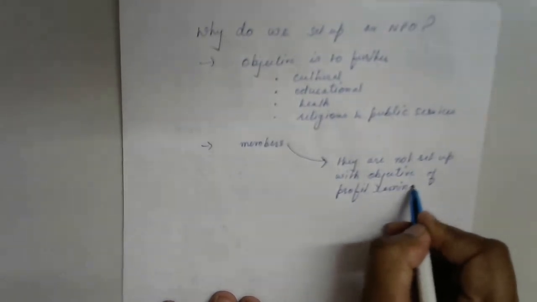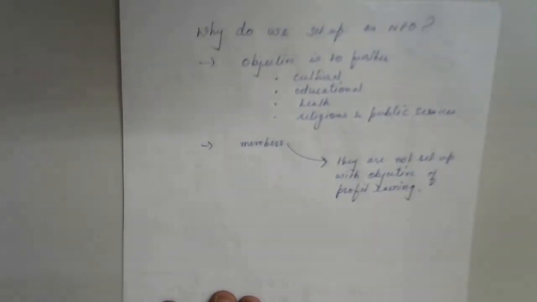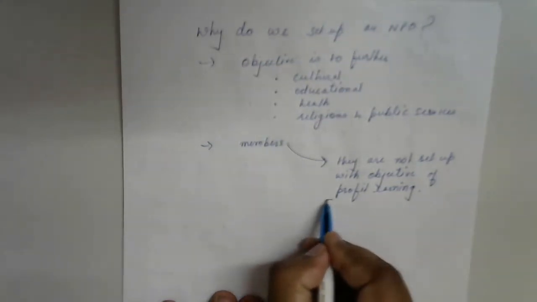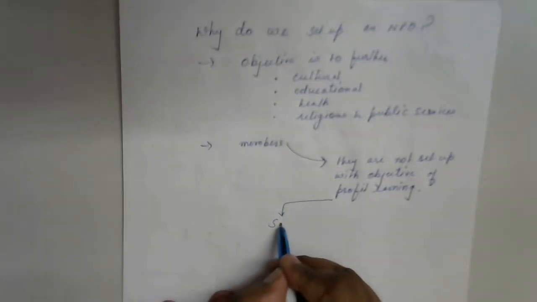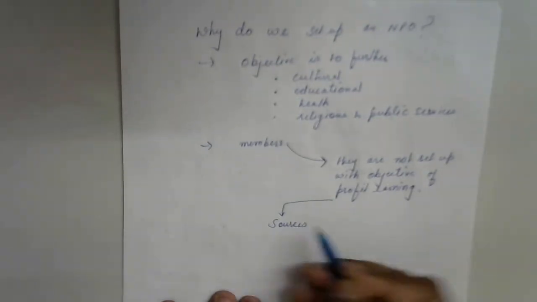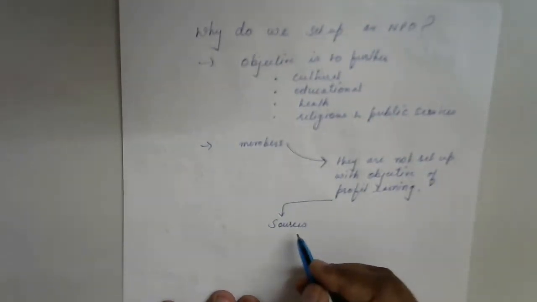So I find that the objective of this is not to earn profit. So how do they run, what are the sources they run on? The sources of funds we should be worried about, since it is a not-for-profit making organization.